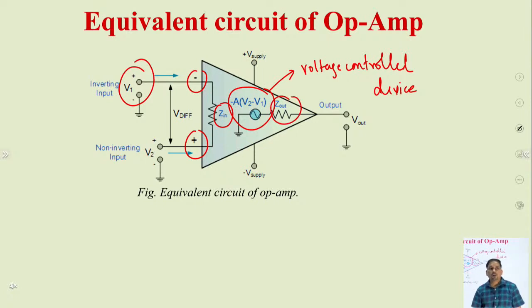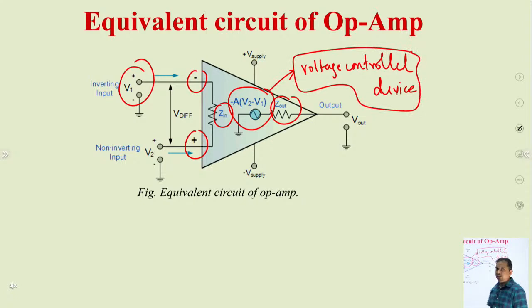Later on, when we solve these cases, we will put Zin and Zout as per the definition. So here the output is minus A times (V2 minus V1). Inside, we can represent the op-amp as a voltage control device. So this is a generalized equivalent circuit for the operational amplifier.